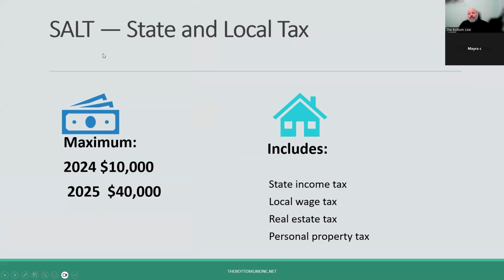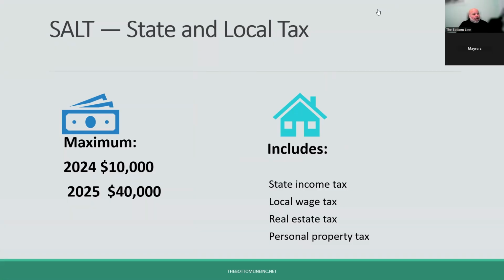So this is called the SALT tax. SALT tax is your state and local taxes. You'll hear a lot about the SALT tax. It's just changed under our current administration, so it is a big deal right now.